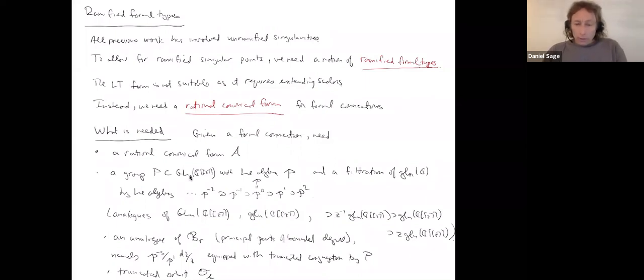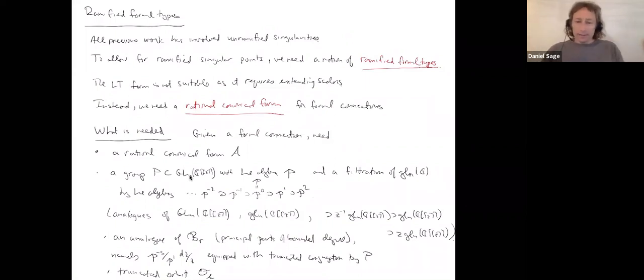So if you're familiar with parabolic subgroups for GLN of C, these are subgroups which contain the upper triangular subgroup or conjugates thereof. A parahoric is sort of a similar thing. It's a group which contains upper triangular mod z.